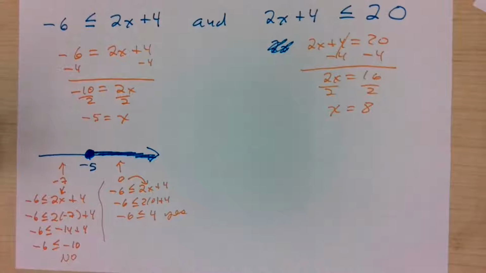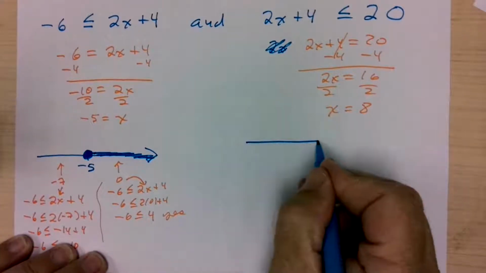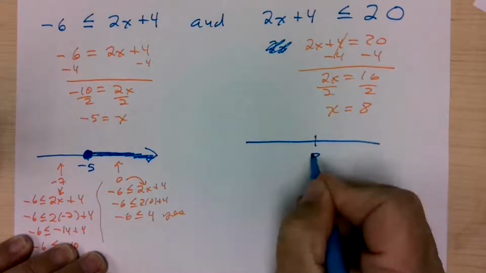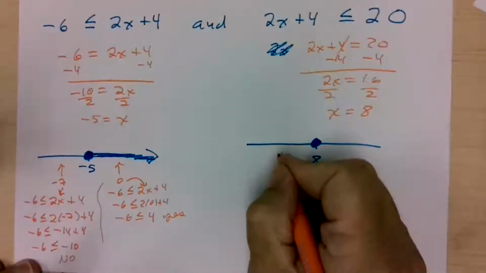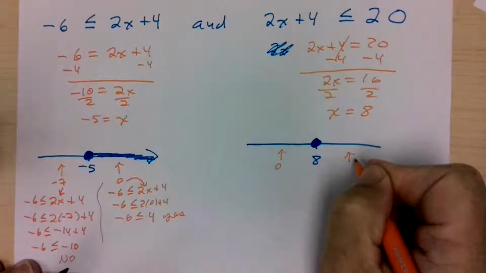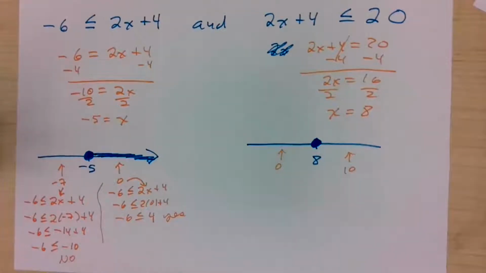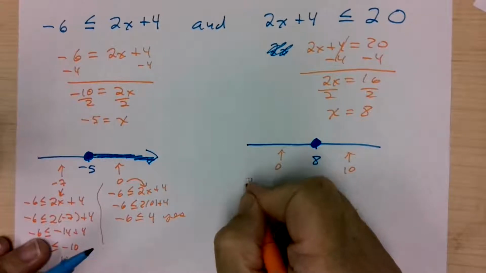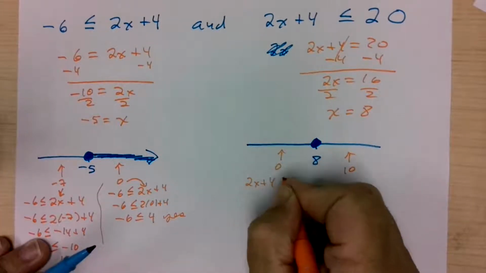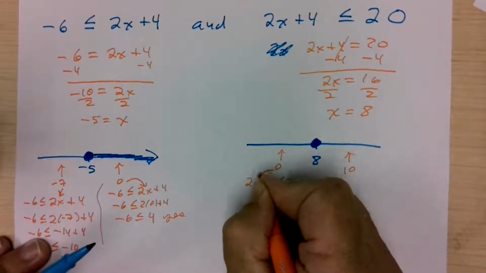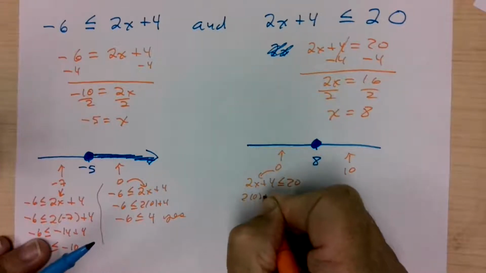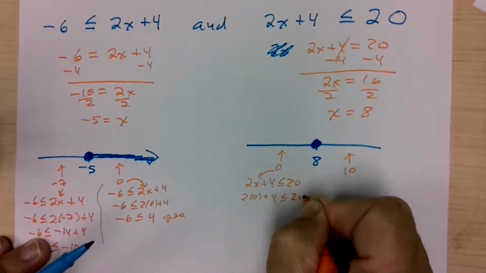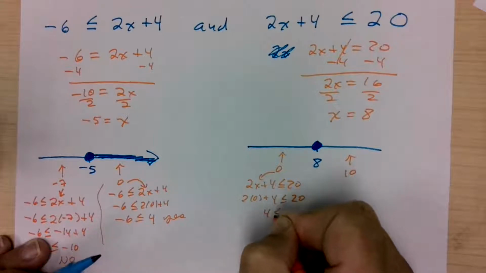So then what we're going to do is lay out our number line and test. To the left of 8 is 0. To the right of 8 is 10. So 2x plus 4 less than or equal to 20. I always like to test out 0 first. Plug in 0. 2 times 0 plus 4 less than or equal to 20. 0 plus 4, 4 less than or equal to 20.